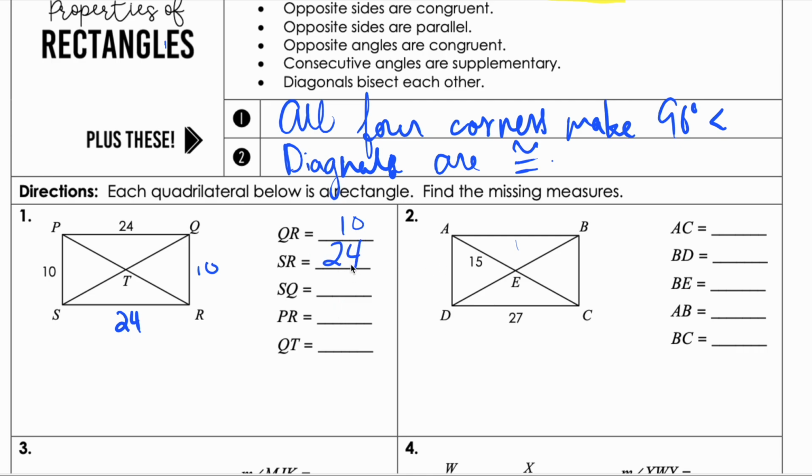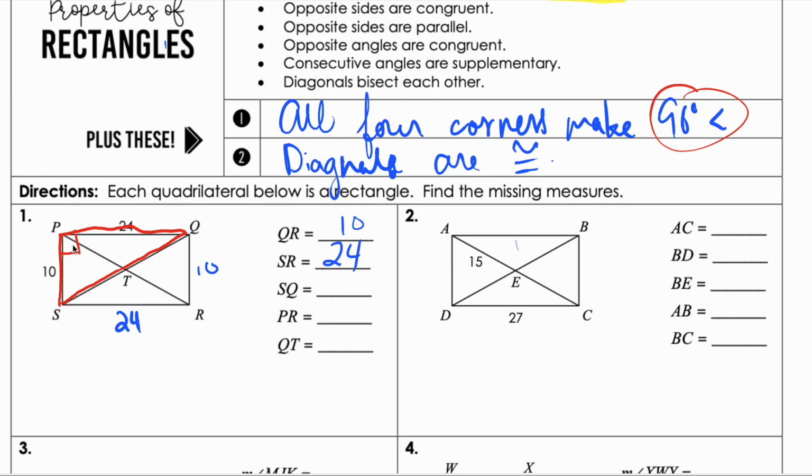Now they're asking for SQ. SQ is going to be this diagonal right here. And in order to find the length of a diagonal, we have to be able to find a right triangle. And we know we can always find a right triangle when dealing with rectangles because each corner is 90 degrees, right?